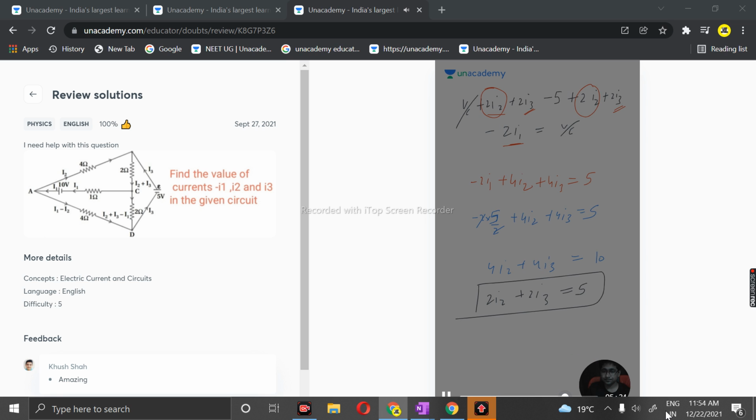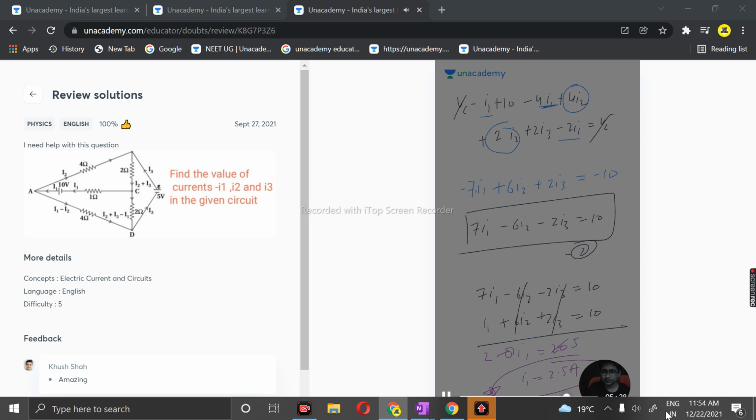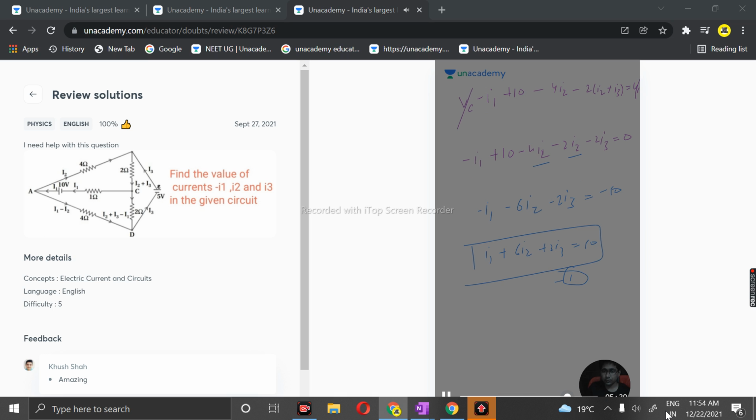If I place this value here, instead of I1 I am placing 5 by 2, plus 6I2 plus 2I3 is equal to 10. So I can write 6I2 plus 2I3 is equal to 10 minus 2.5, that is 7.5.